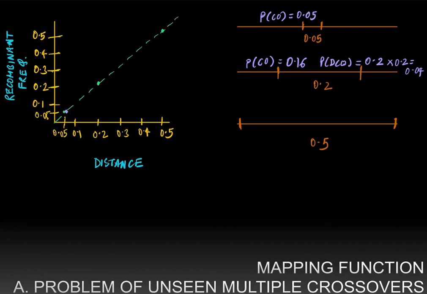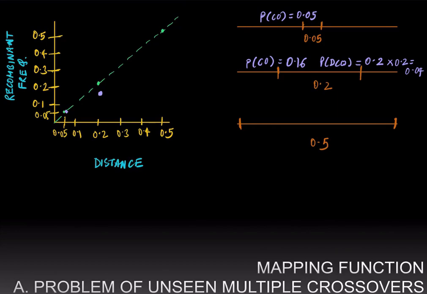So it's going to be pretty small, and it's safe to neglect it. So now, instead of observing a recombinant frequency of 0.2 as expected by the green line and our assumptions based on which we measure distance using recombinant frequency, I'm actually going to see a recombinant frequency that's slightly less than expected.